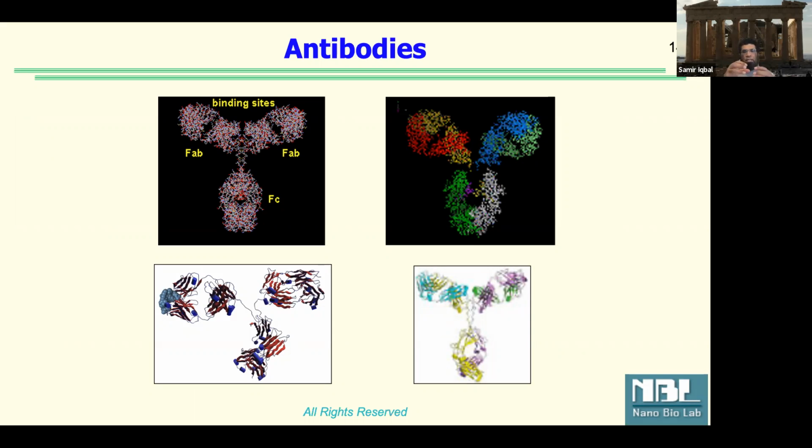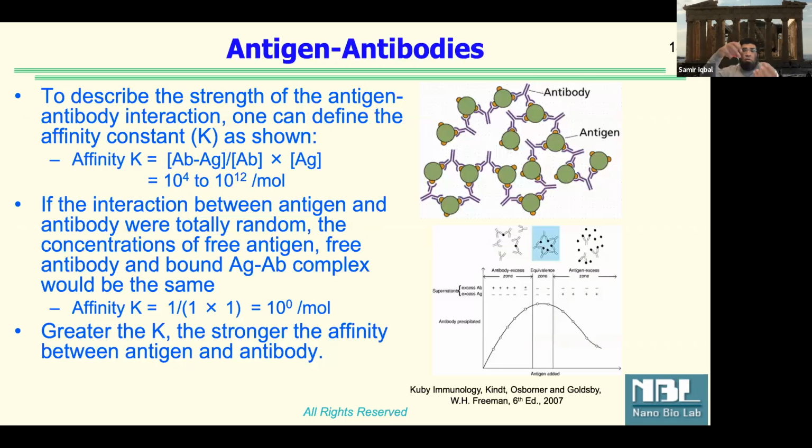And that information is what we would use then to engineer a device surface or engineer the sensing capability according to the structure, the folding, and by finding out their specific binding capabilities.